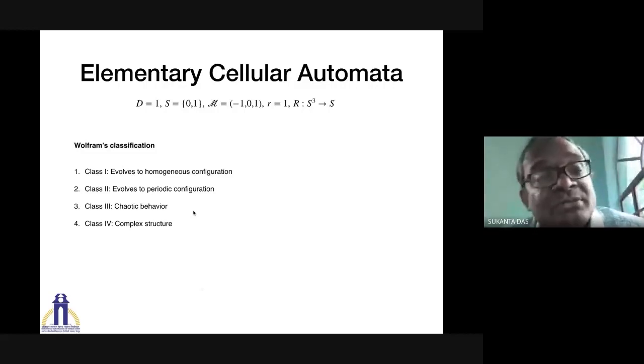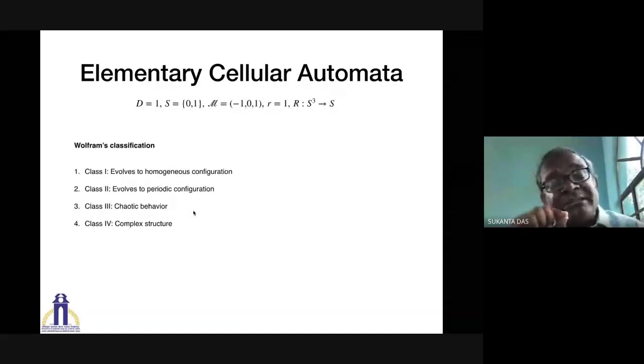But just for information, Wolfram claimed, and later it was proved, that ECA rule 110 is computationally universal. That is, it is as powerful as a universal Turing machine. Amazing result.